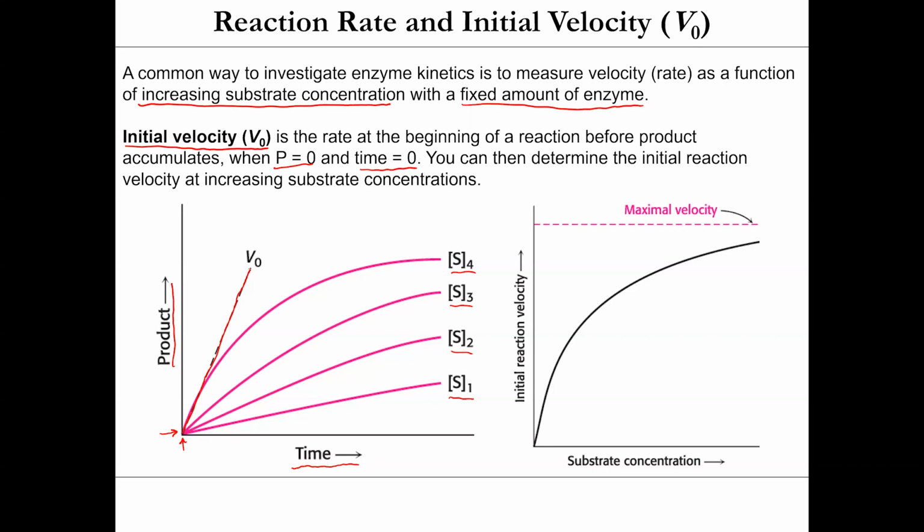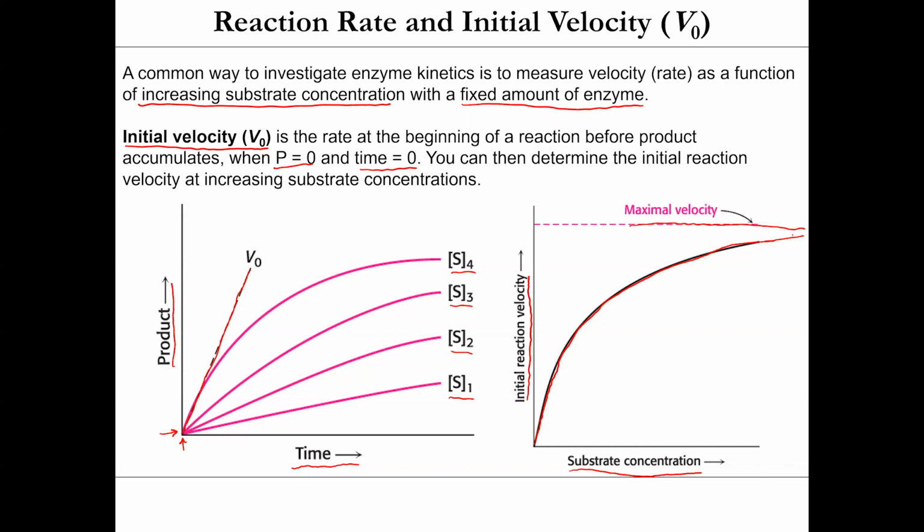And when you end up plotting these initial velocities for enzymes, it gives you a hyperbolic curve like this, where it goes up very quickly and then it starts to plateau out. So here on the y-axis would be the initial reaction velocity, and at the bottom is that increasing substrate concentration. And then there's going to be a maximal velocity point where the enzyme is going to reach basically its maximal rate.